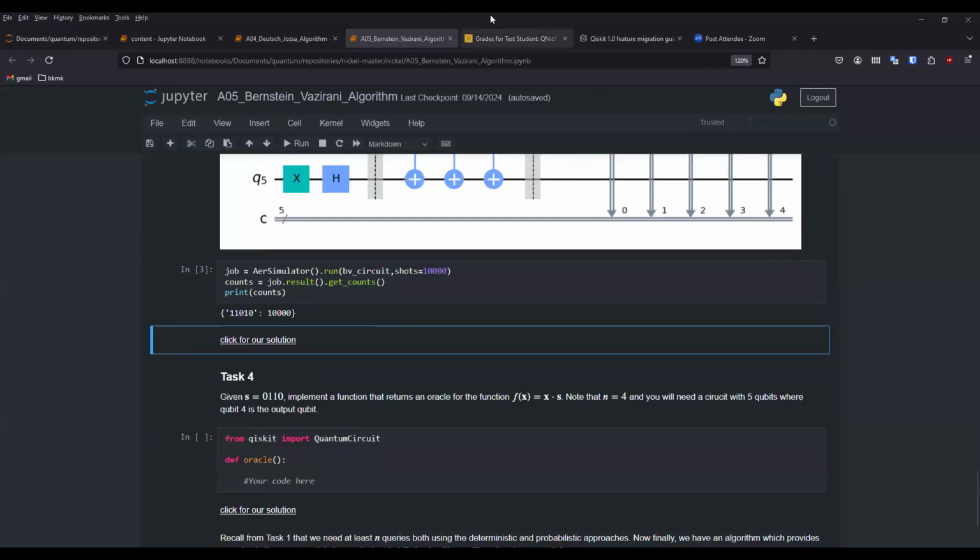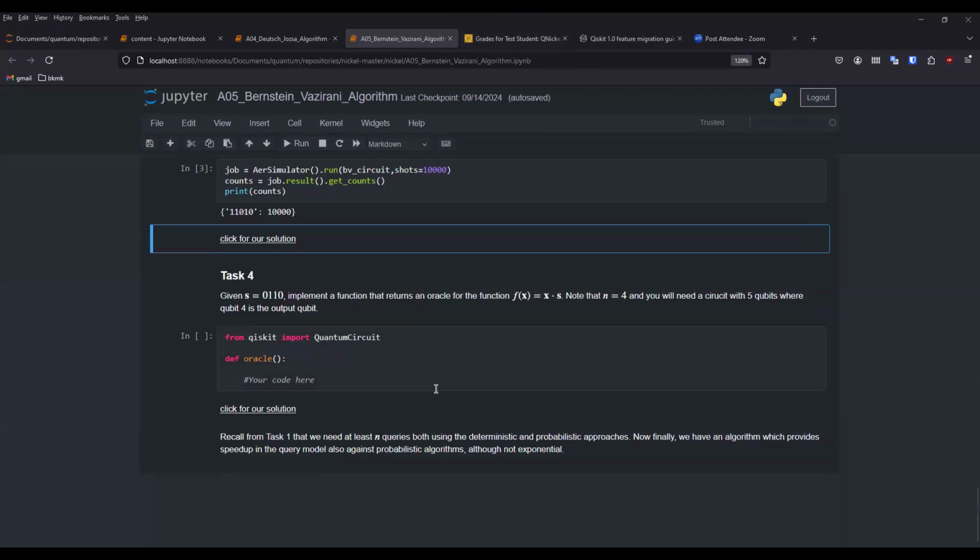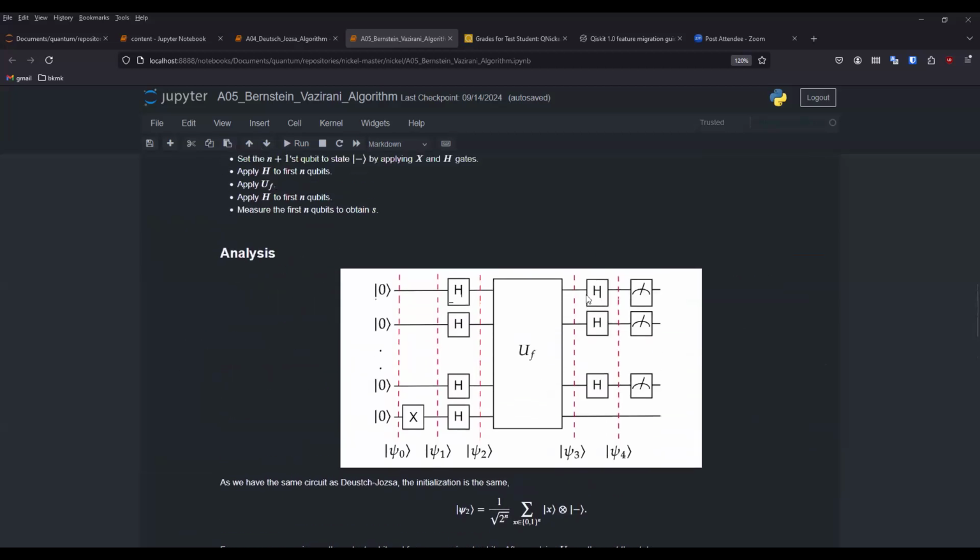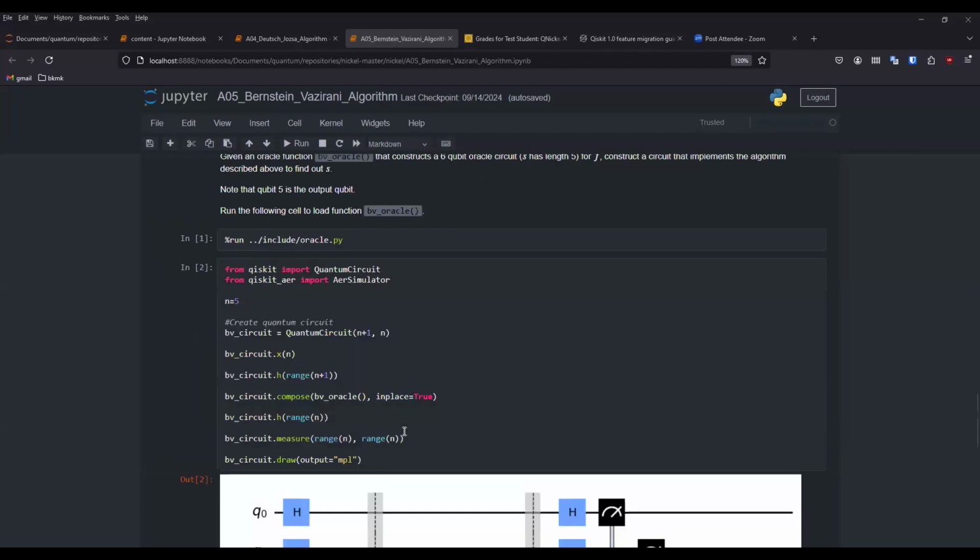I hope this answers your question. Now then, we can have 5 minutes for this task. Yes, it's for all qubits in that case. If you see something like that on the circuit, that means it's for all qubits.